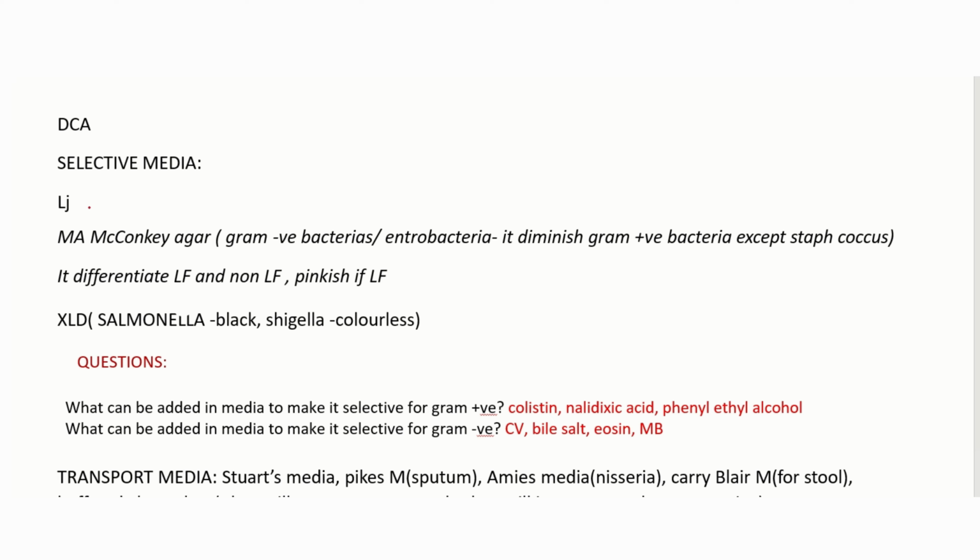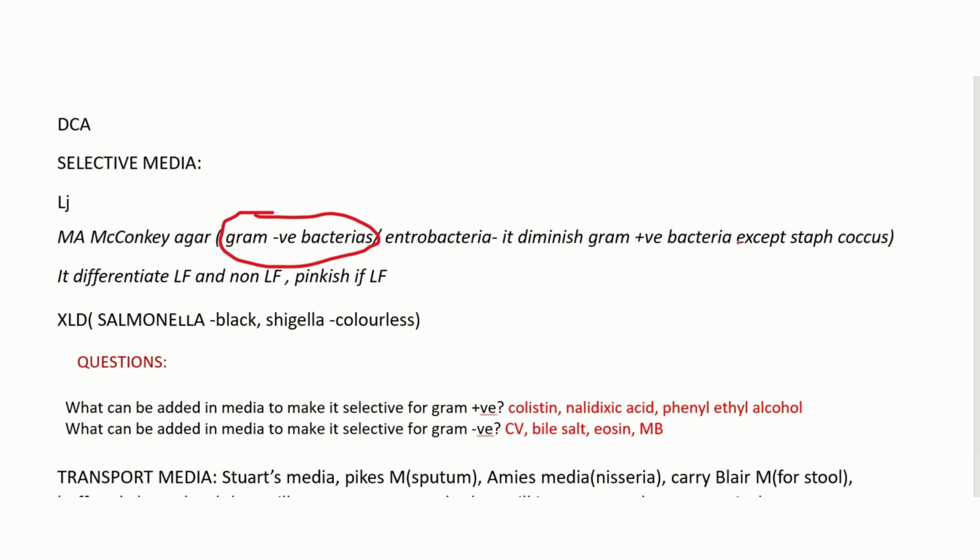And MacConkey agar is usually used for gram-negative bacteria to differentiate lactose fermenters and non-lactose fermenters. If it's lactose fermenters, then it gives a pinkish color. If it's non-lactose fermenters, it gives a transparent color. It is usually used for gram-negative bacteria, but there is an important point.